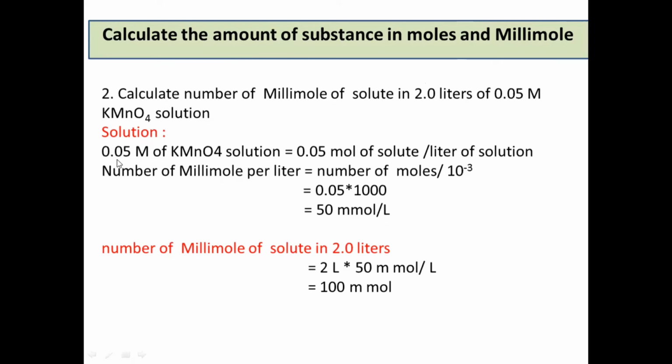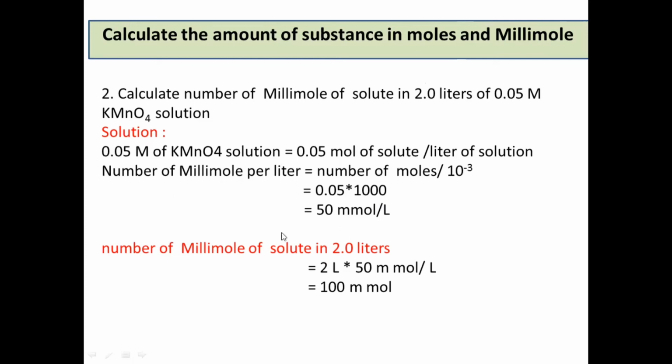So what is the calculation? 0.05 molar KNO4 solution is equivalent to 0.05 mole of solute per liter of solution. So the number of millimoles per liter is equal to number of moles divided by 10 raised to minus 3. That is the formula. The moles are already given, 0.05, and that will be multiplied by 1000. So the answer is 50 millimoles per liter.